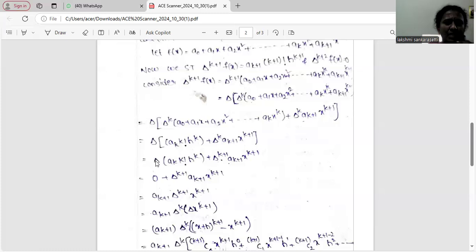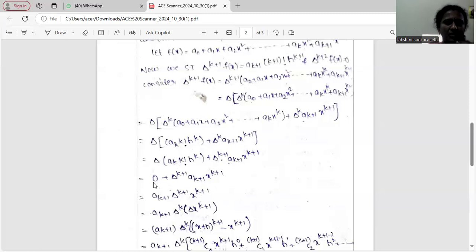That is equal to delta separated over both terms in the bracket. That is delta power k of a_k, k factorial into h power k, plus delta power k+1 of a_{k+1} into x power k+1. Already we have that for the constant, the next difference is 0.